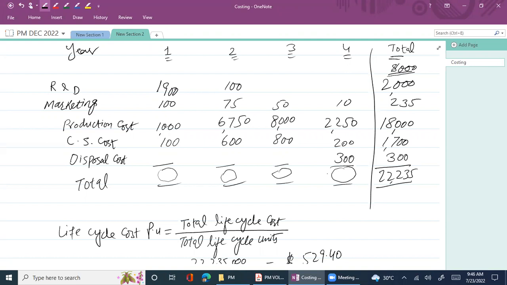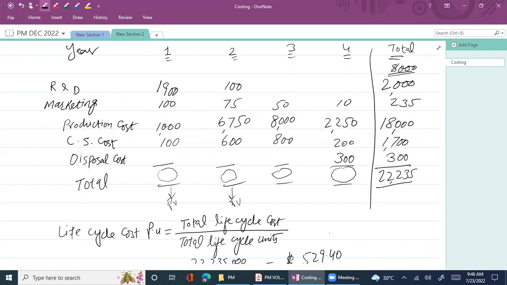Practically, when life cycle is more than a year, we calculate the present value as well. We calculate the present value of year one cost, present value of year two cost, and so on. But as far as your exam is concerned, in life cycle costing, the examiner assumes that there is no time value of money.